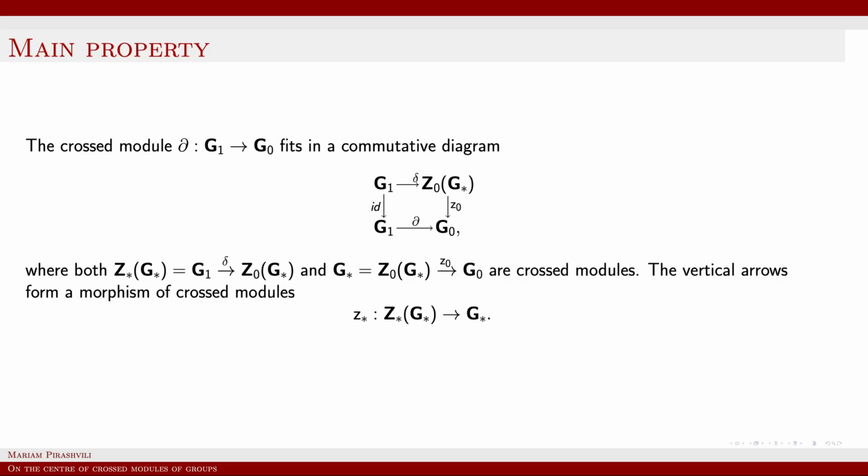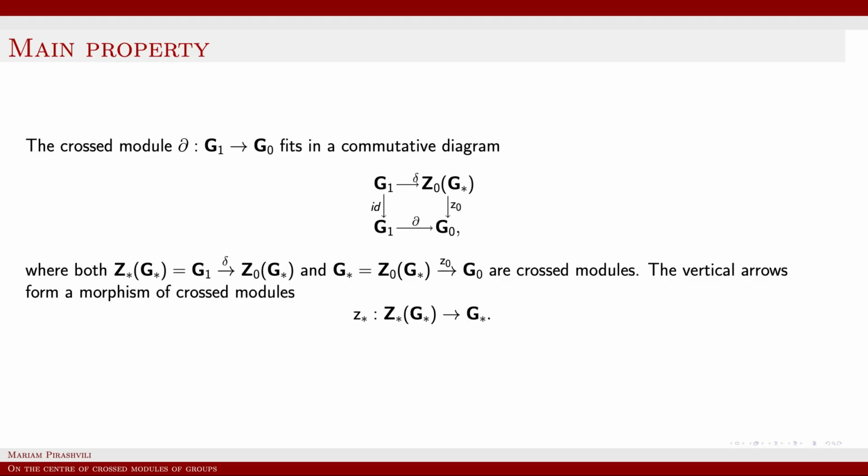The center is in fact going to be this crossed module, G1 to Z0. Z0 will be defined as the group which we just saw, and we can see that there exists a homomorphism, this delta, which makes this into a crossed module.